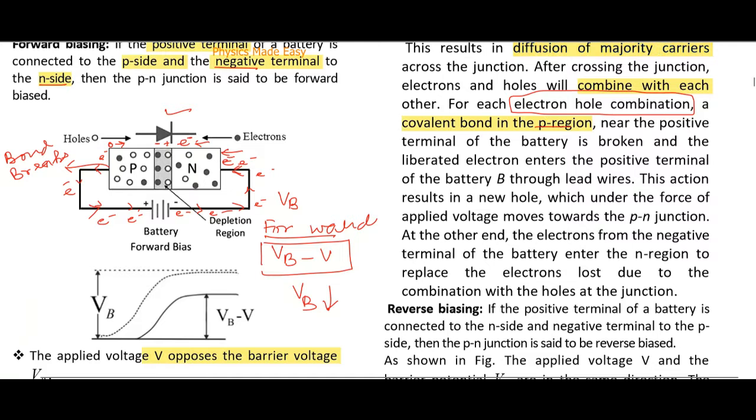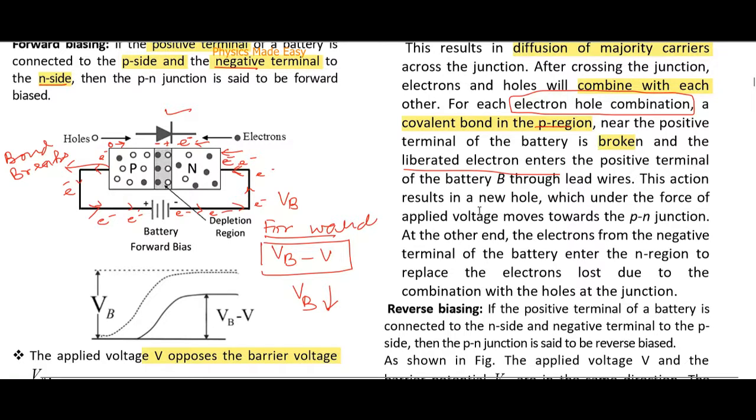So I will exactly read the theory line. For each hole electron combination near the positive terminal of the battery, a covalent bond is broken and the liberated electron enters the positive side of the battery. This is the liberated electron. This enters the positive side of the battery.